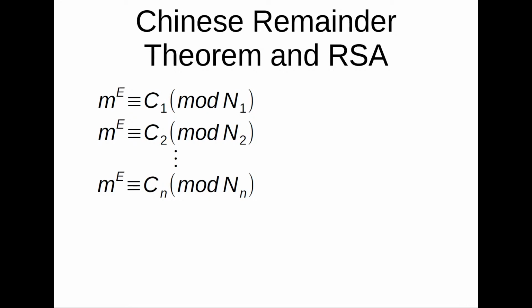Well, you can crack them as long as you have exponent number of them. So if you have a really large exponent, you'll need a lot of ciphertexts. If you have an exponent on the scale of 65,000, then you'll need 65,000 ciphertexts.